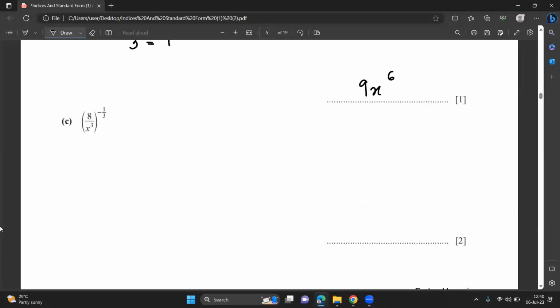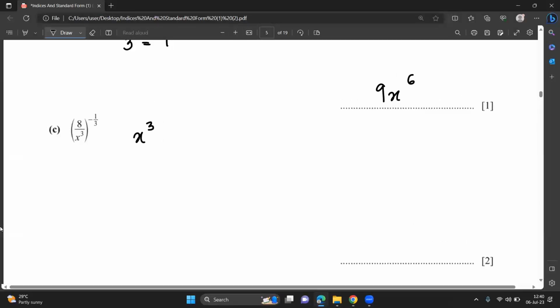Part C. Did all of you reciprocate it first? X to the power 3 divided by 8 to the power 1 over 3. That is x over 2. Who got this? Right. Good job.